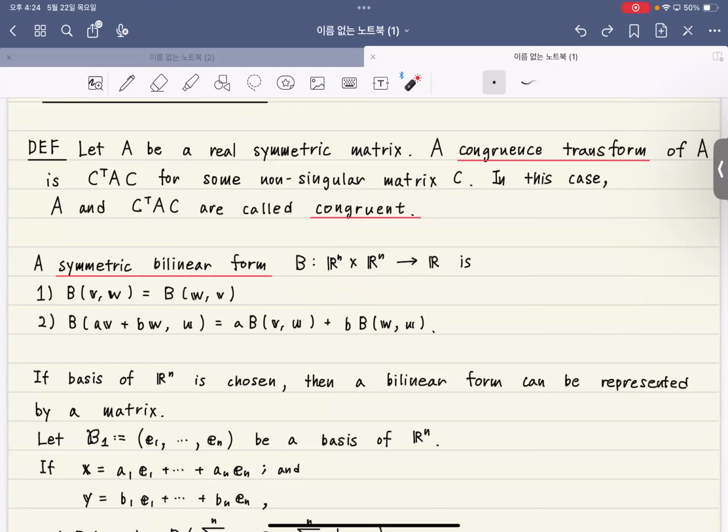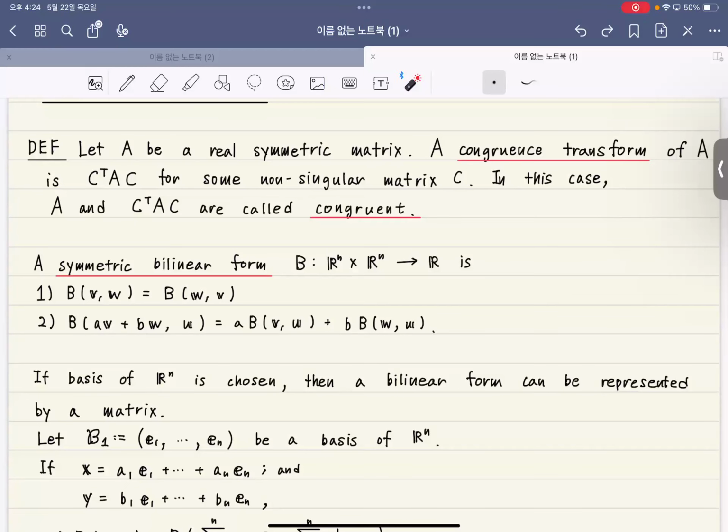Actually, we have encountered a very similar question in linear transformations, right? Once the linear transformation is given, we were able to represent that linear transformation by some matrix by choosing a basis. But that means if you chose two different bases, the matrix representations of the same linear transformation might be completely different.